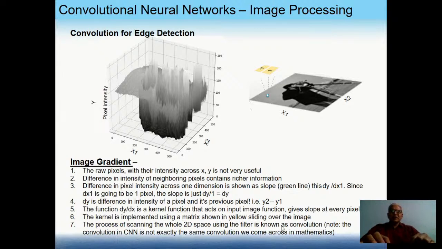So when I put it on this position, -1 will be multiplied with one pixel value, and +1 will be multiplied with the subsequent pixel value, the two neighboring pixel values, and these two products will be summed up. Suppose the first pixel value is 100 and the next pixel value is 50. 100 into -1 is -100, 50 into 1 is 50.